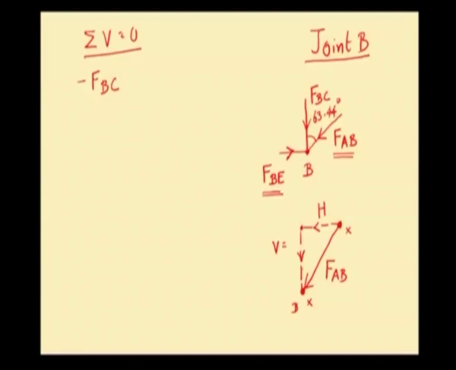Since the vertical component of FAB goes in the downward direction, it is minus. This angle is 63.44 degrees. Now, vertical component of FAB goes in the downward direction, so it should have a minus sign. With respect to this angle 63.44 degree, vertical component is the adjacent side of the right angle triangle. So, the vertical component would be FAB into cos of 63.44 degrees.